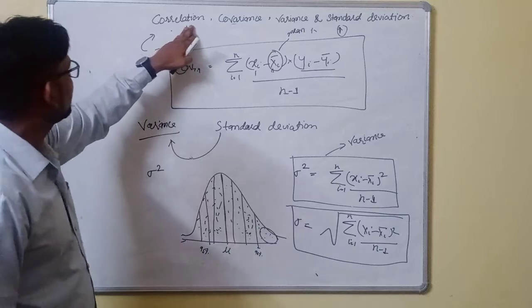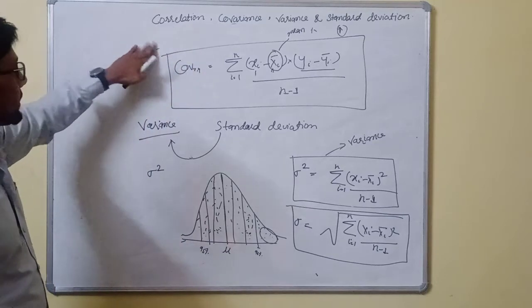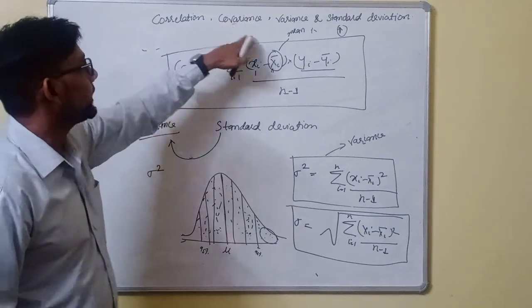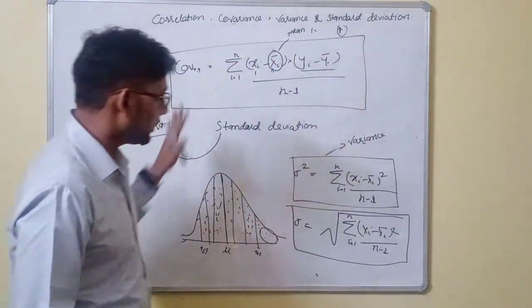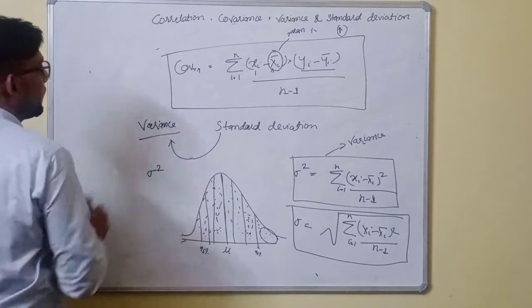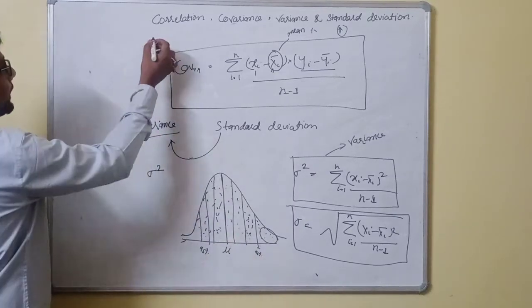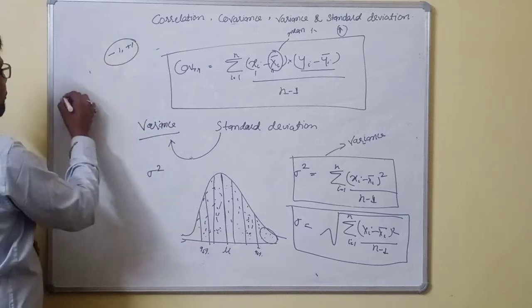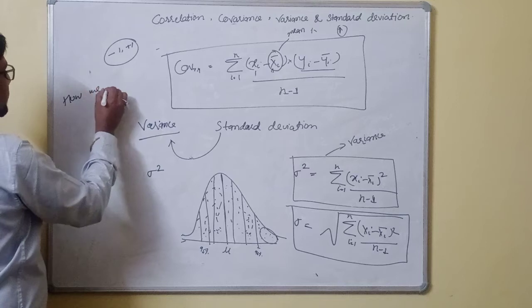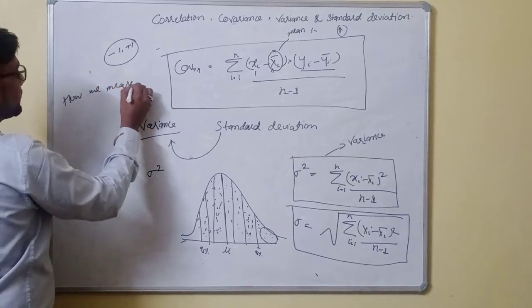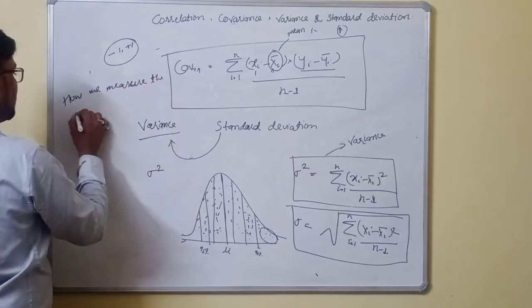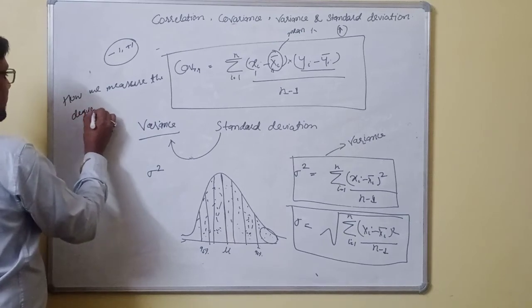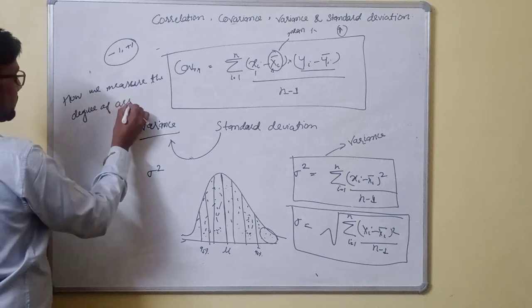Now we come to the concept of correlation once again. Now we are familiar with covariance, variance and standard deviation. As I have told you, the value of correlation lies between -1 to +1. Now how do we measure the degree of association?